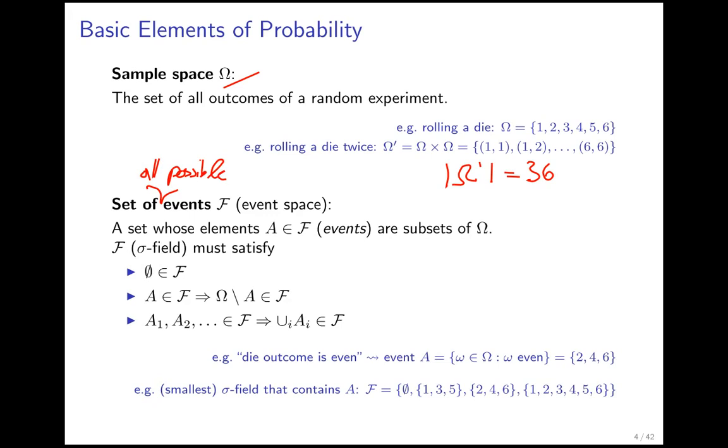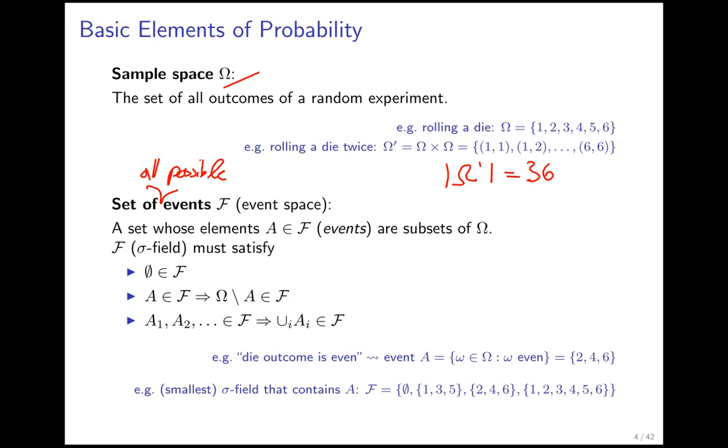However, we cannot choose any F that we like. It has to have some structure so that we can reason about it. We need to have some axioms to define which events are possible or not. Namely, the first axiom is that the empty set has to be a possible event. And this basically means that we're assuming that F is not empty.